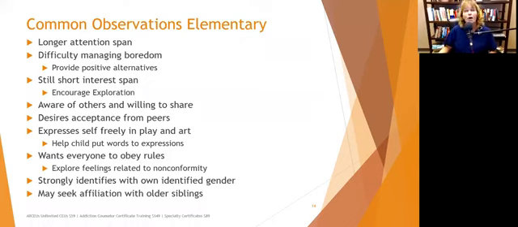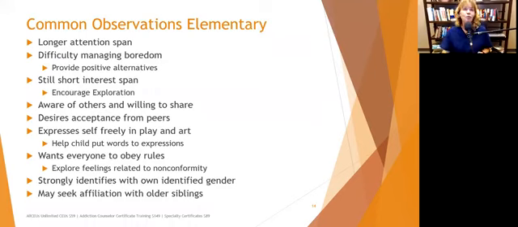At this age, they're aware of others and oftentimes willing to share. They desire acceptance from peers and express themselves freely in play and art, which is awesome because this is when we can start helping them develop their emotional vocabulary. They can draw it, but they may not know the words. So we can help them learn words like happy and elated and curious and whatever else.